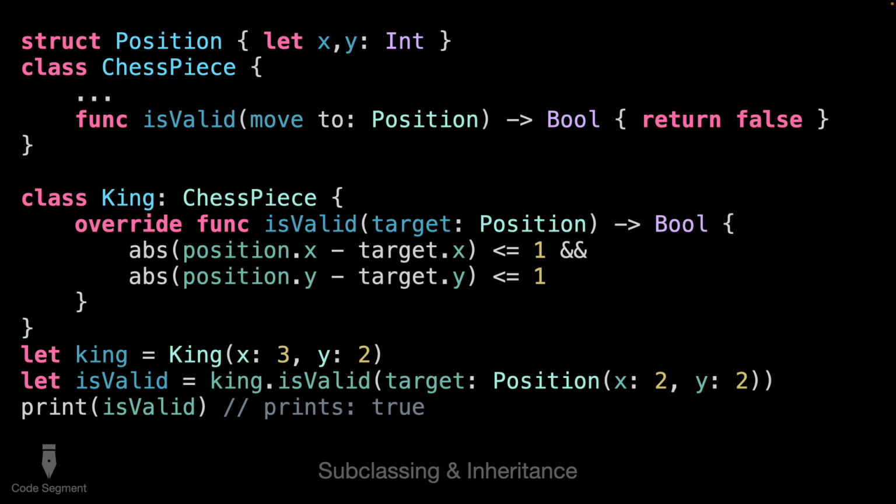Does anyone have questions about that before we get into whatever the heck is happening with this isValid function? Cool. So with this isValid function, we are doing what's called overriding functionality, okay?